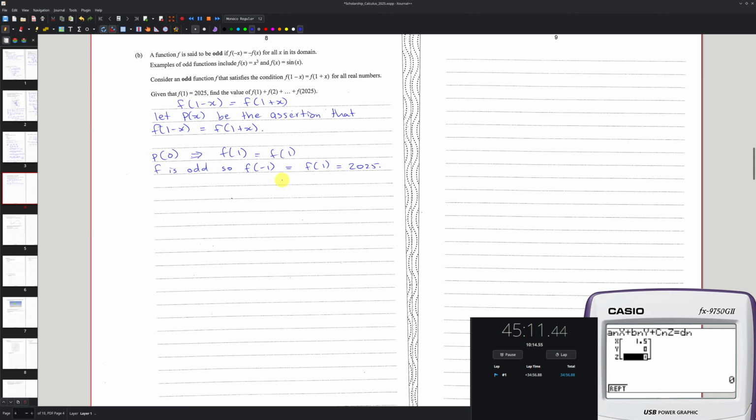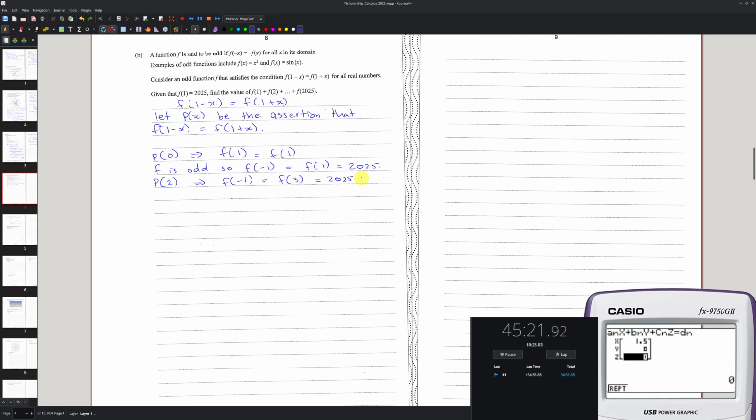Then p of 2 implies that f of negative 1 equals f of 3, which is also equal to 2025. Oh my, are we proof by induction?